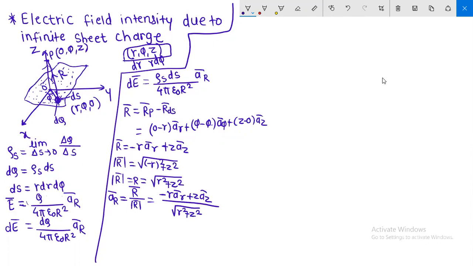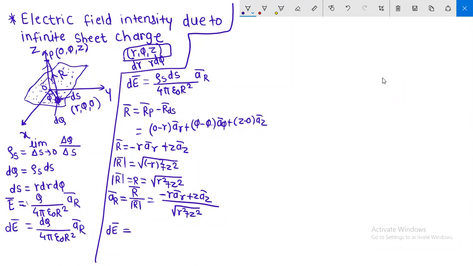Okay, so this is unit vector a bar R. So we have to put all these values in the equation of this dE bar. Everyone is getting this point? Yes or no? It's simple. We have to only find the unit vector.